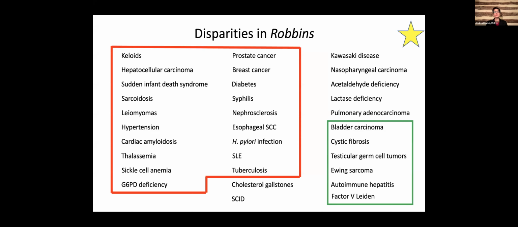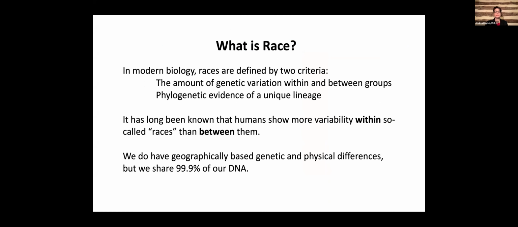Now, to further discuss what we're talking about when we discuss race, I'm going to turn the talk over to Dr. Graves. Thank you, Dr. Deyrup. So when we ask the question, what is race? In modern biology, races are defined by two criteria: the amount of genetic variation within and between groups, and whether a group can be considered a phylogenetically unique lineage within a species.